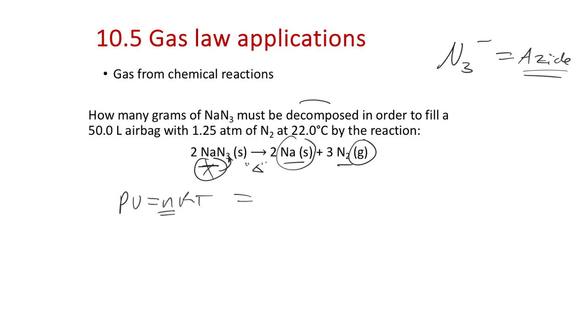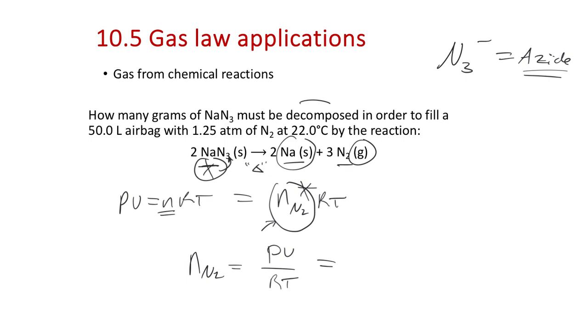So we might rewrite this: this is the moles of N2 that would be in the airbag times RT. We want to figure out first, how many moles of N2 need to be in this airbag that's filled to that particular pressure and volume? So n of N2, the moles of N2, would be equal to PV over RT, just rearranging by dividing both sides by RT.